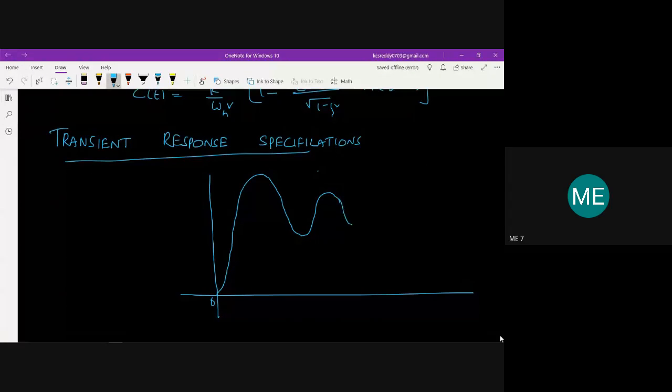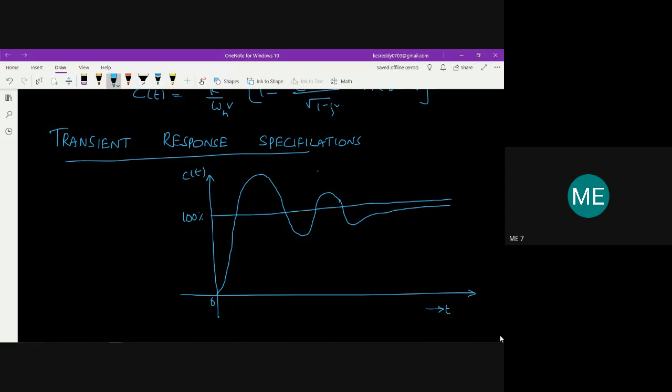Then it reaches the steady state value. Assuming there is a desired output, this is called 100% of the output. This is C of t on the y-axis and time on the x-axis.